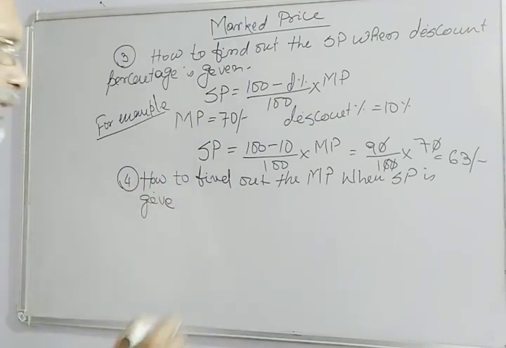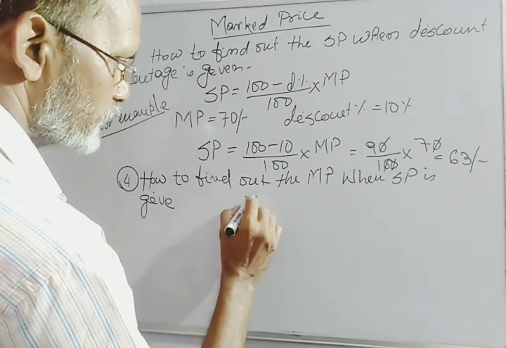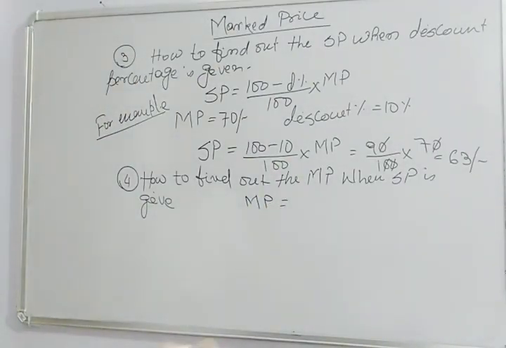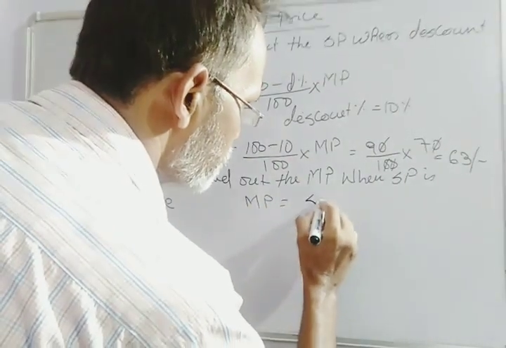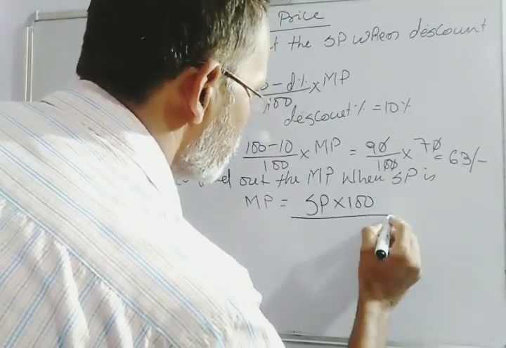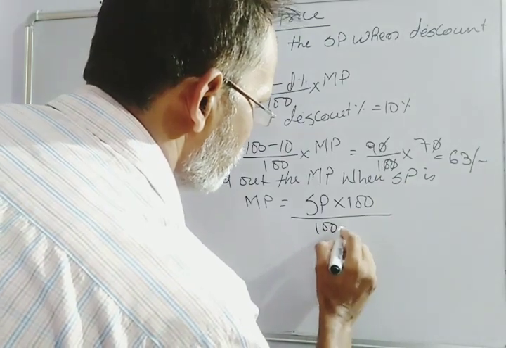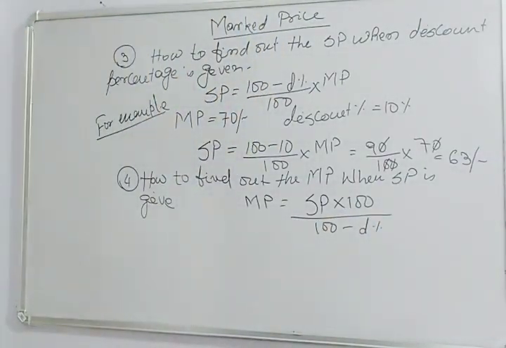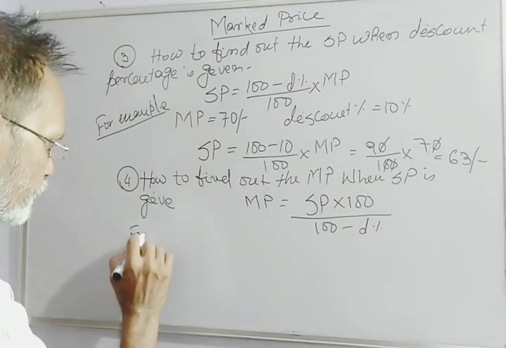So the formula is, for mark price, selling price into 100 by 100 minus discount percentage. Selling price into 100 by 100 minus discount percentage.